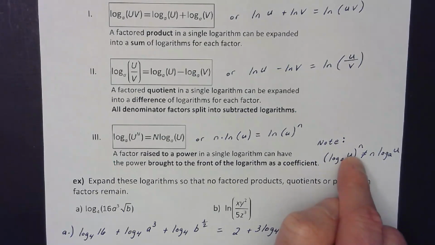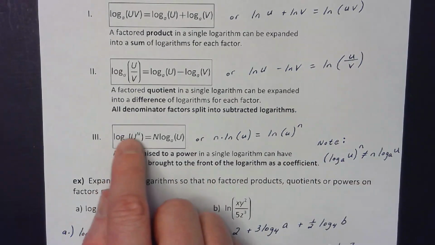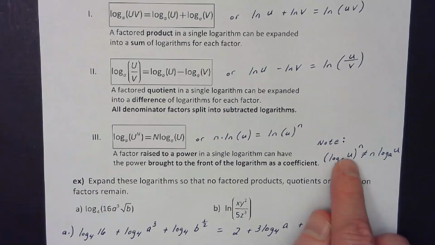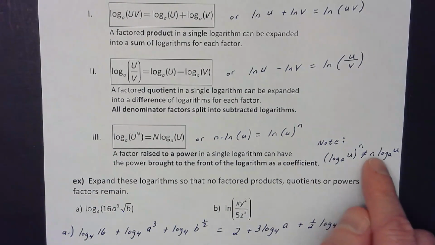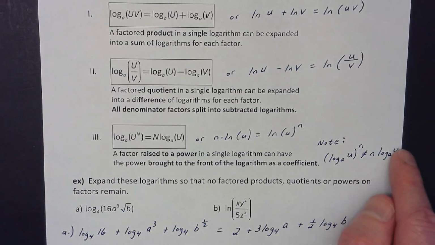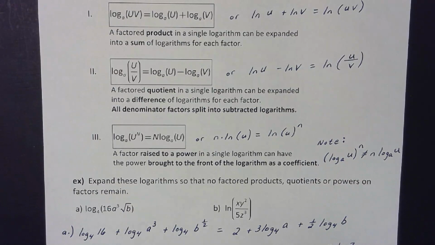So it's not just on the term inside the logarithm, but it's on the entire logarithm. In that case, you cannot say, and please understand the difference between this and this, here the n is on the entire logarithmic function. You can't call that n times the log base A of u. It's only if that n is just on the term on the inside of the log that rule can be used.